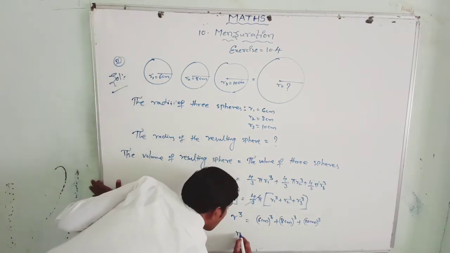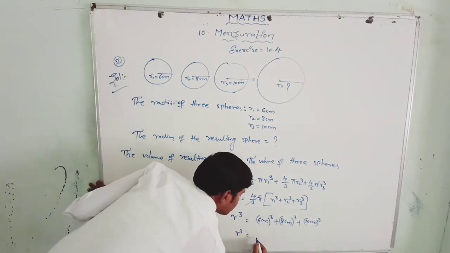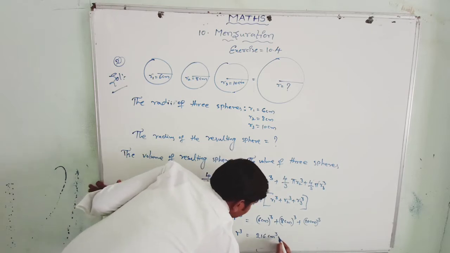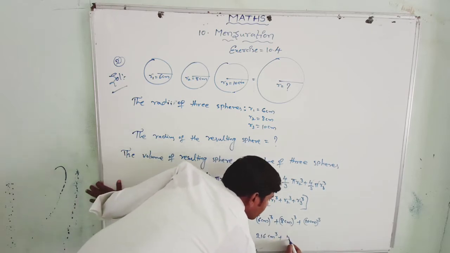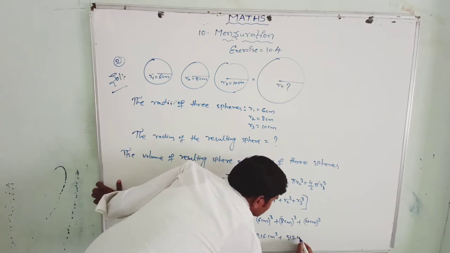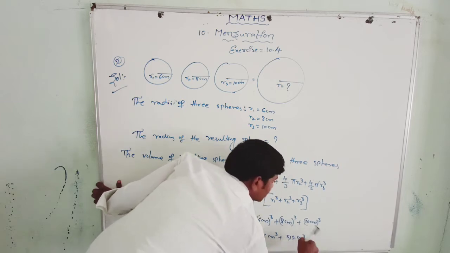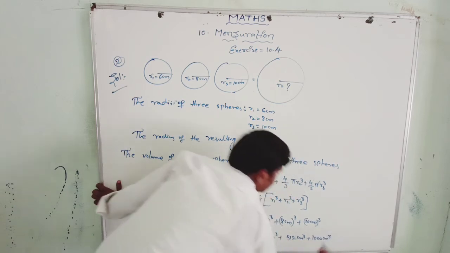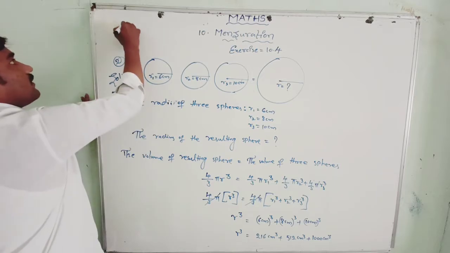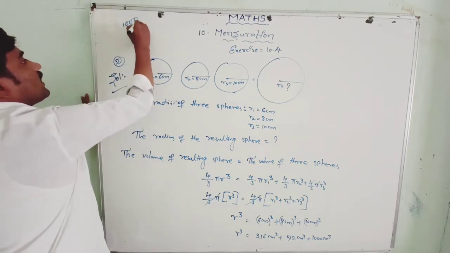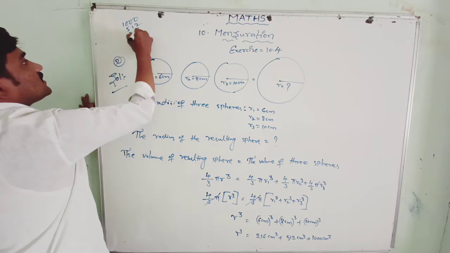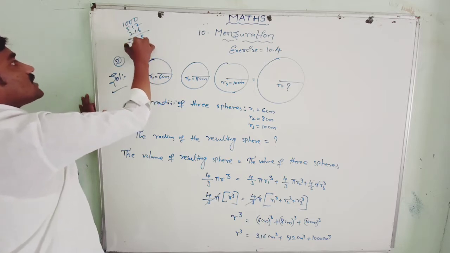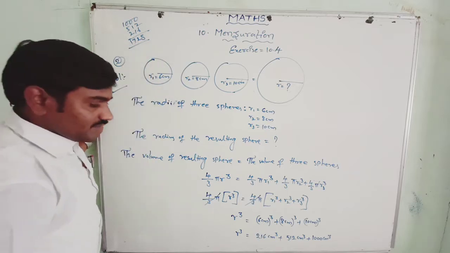R cube equal to 6 cube, that is 216 centimeter cube, 8 cube is 512 centimeter cube, plus 10 cube is 1000 centimeter cube. Let us add here: 1000, 512, 216.